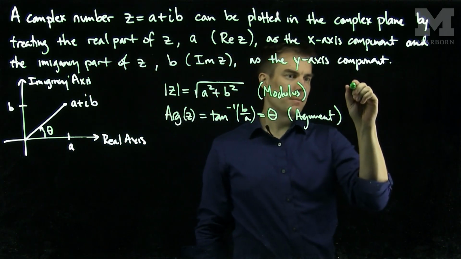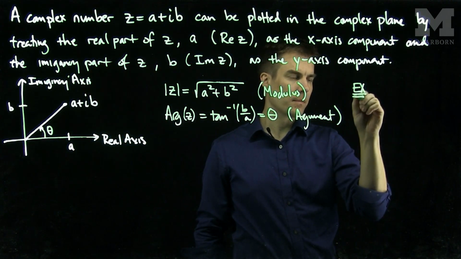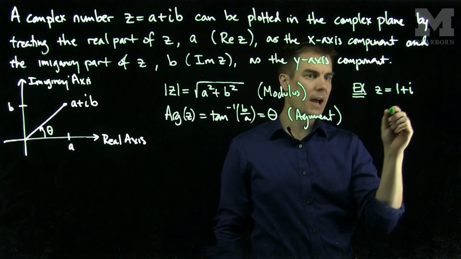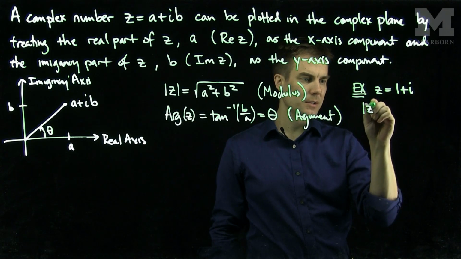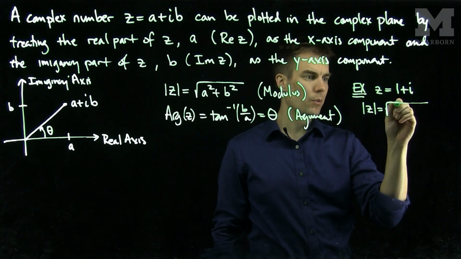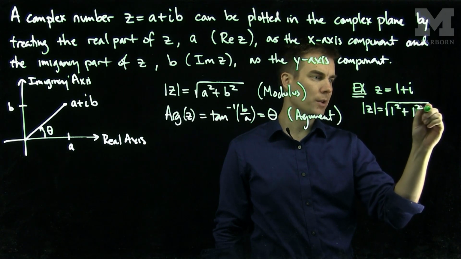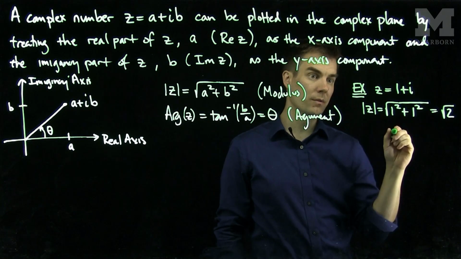So for example, the complex number z, which is 1 plus i, has modulus of z, which is the square root of the real part, 1 squared, plus the imaginary part, 1 squared, which gives me the square root of 2.